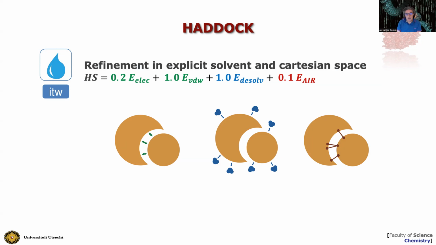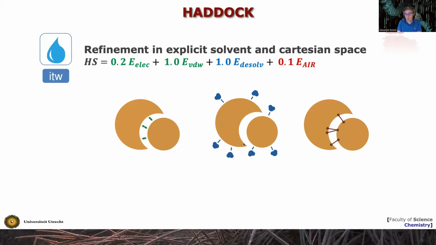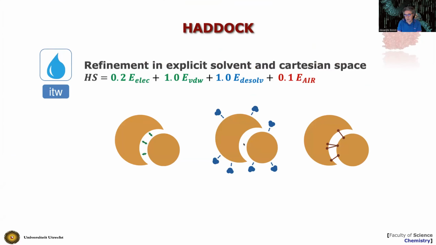Now, if the surfaces of those proteins are hydrophobic, removing water is usually a good thing, so you gain energy by doing that. If you have high charges within the interface, then you have to pay a price because it costs energy to remove water from those charges. This is what this term is basically measuring.